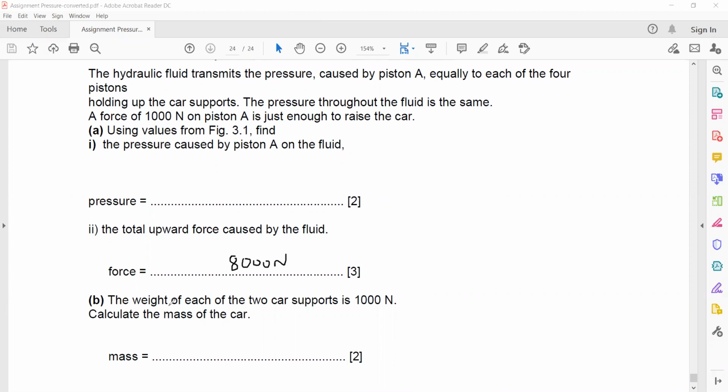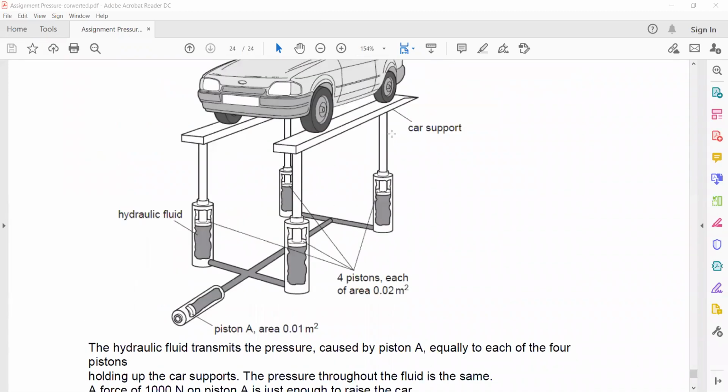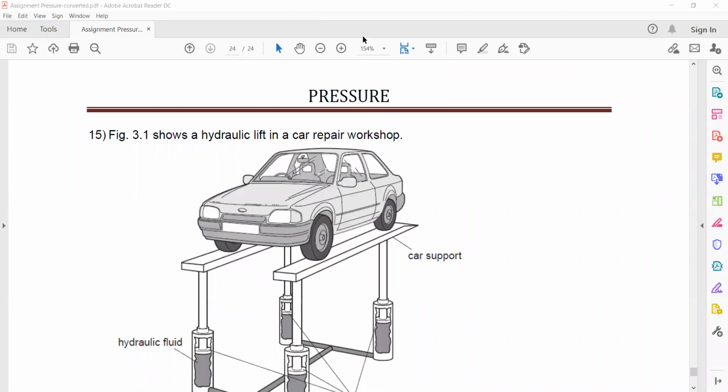The next part: the weight of each of the two car supports is 1000. Calculate the mass of the car. So first you have to make the figure. In this figure, the upward force by each piston is 2000.